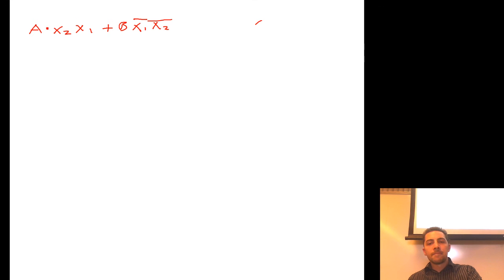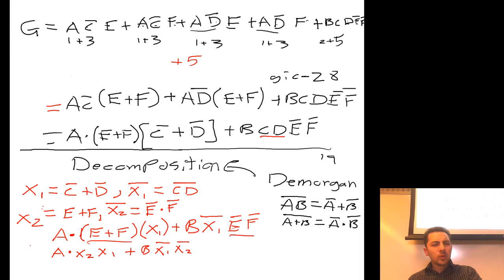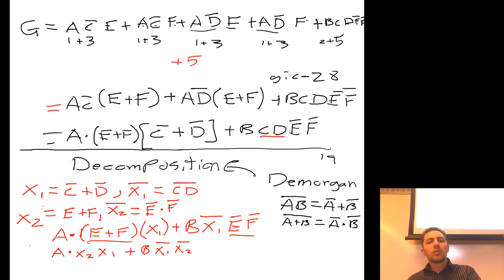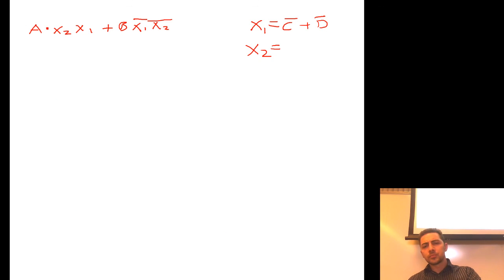As a reminder, x1 was equal to C bar or D bar, and x2 we made equal to E or F.